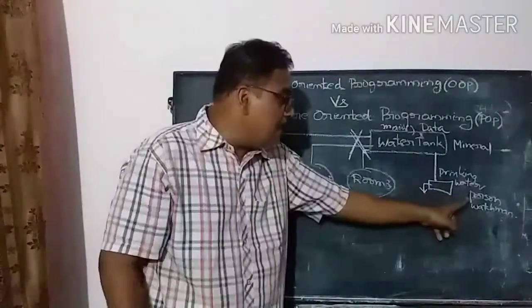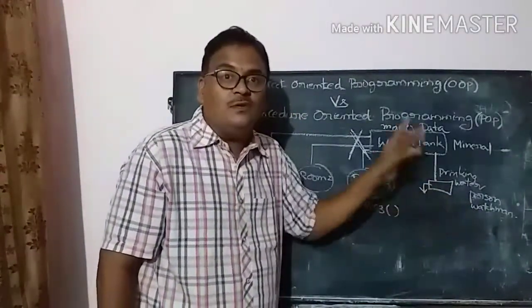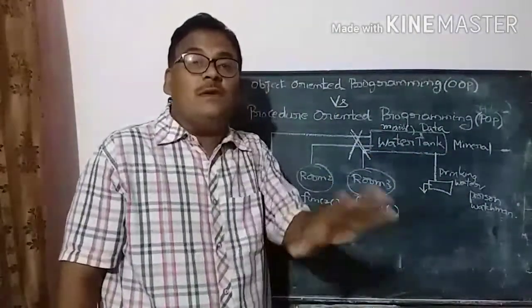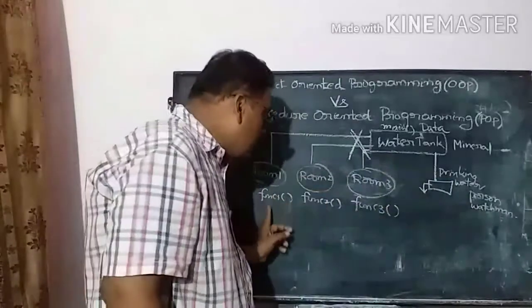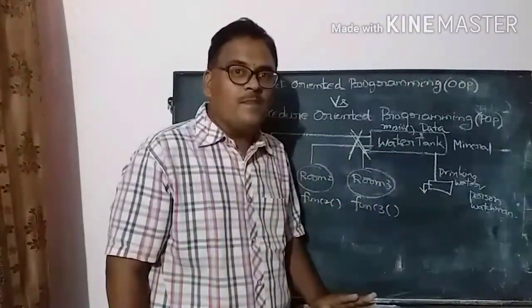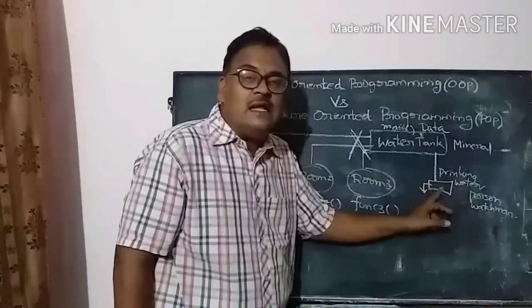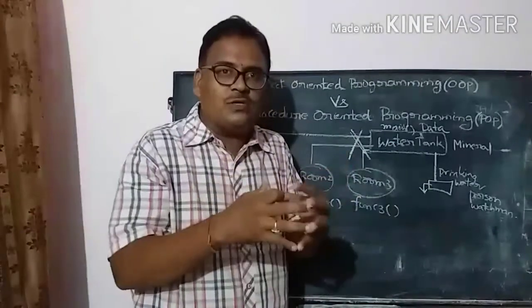There is a person who may be a watchman, checking whether the data is used for drinking purpose or not. Here data can be used by function 1, function 2, function 3 for a particular purpose only. So it is fixed and assigned, it is insulated. Insulated means wrapped up.